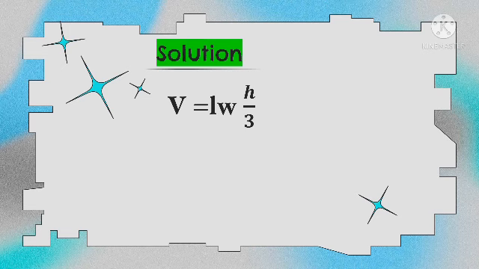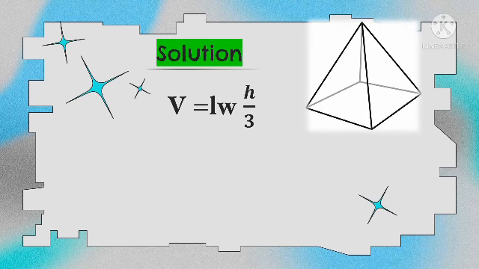Ang pyramid ay may base. Diba? Rectangular yung base niya. Therefore, makukuha natin yung area niya. Diba? Length times width. Then, meron lang nadagdag na height. So, yung height, i-divide natin siya sa 3. So, the volume or the formula will be V equals length times width times 1/3 ng height.